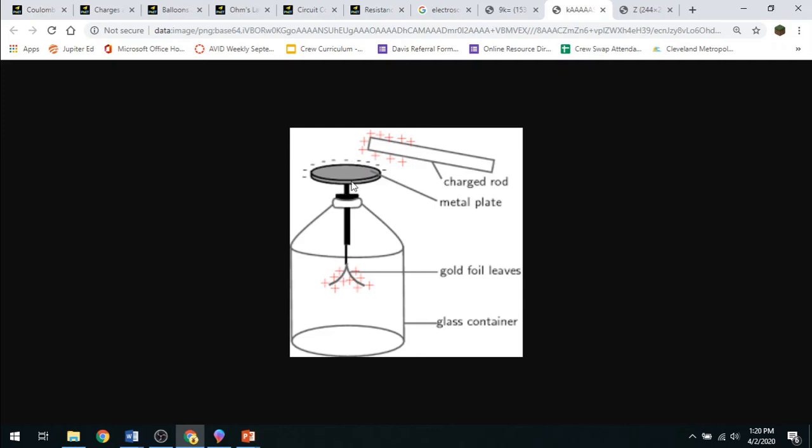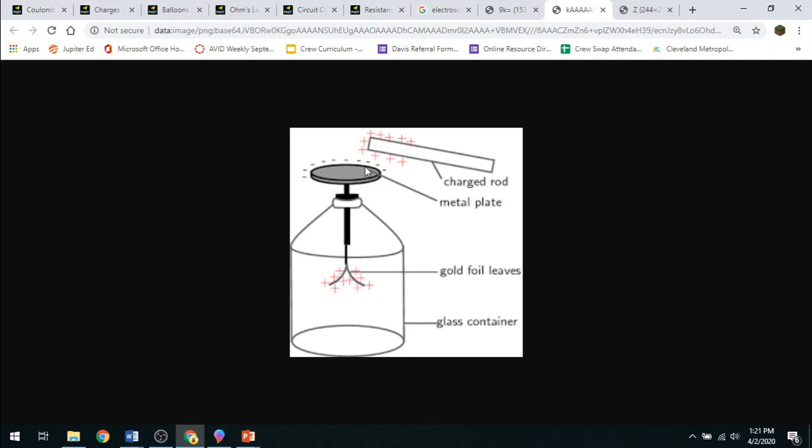That was because the negative charges would be attracted to the positive charge of this rod, and that would cause the two gold leaves to separate. And actually, the same thing would happen if this was negatively charged.